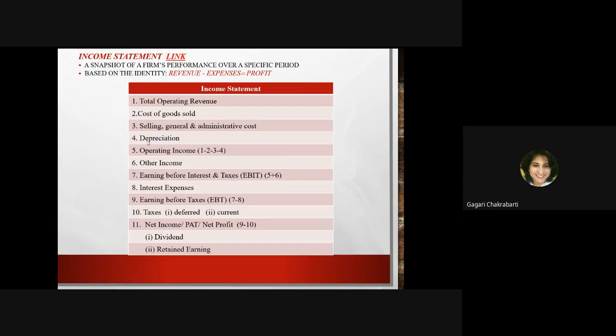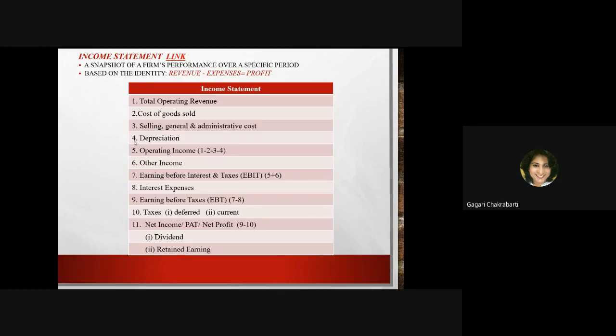Now, once again, being a researcher in the field of financial economics, I am not going into the details of calculating the depreciation. We are just assuming that there will be depreciation, and it will be treated as a cost for the firm.